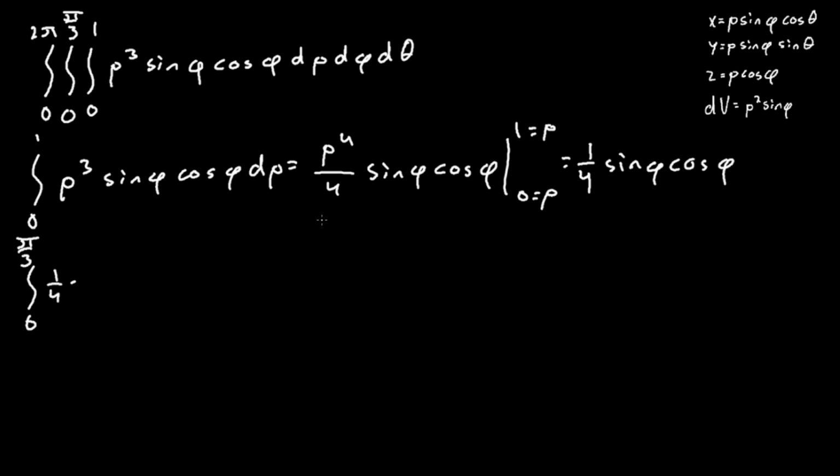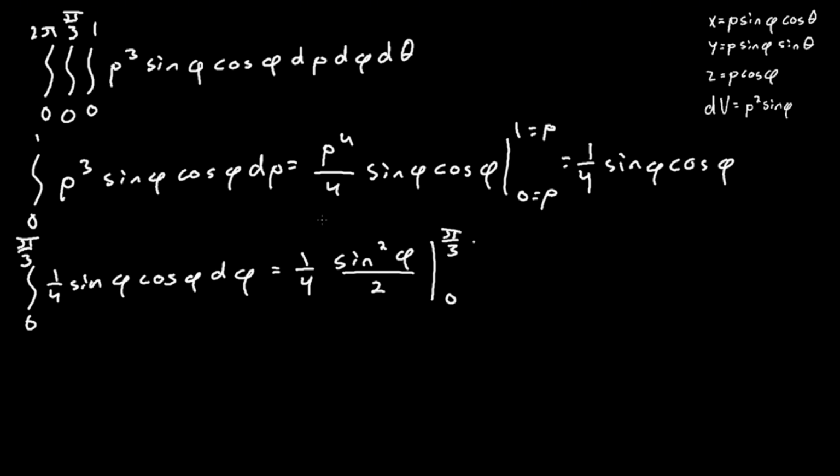So we have 1 over 4 sine of phi, as in our previous problem, cosine of phi, and we're integrating with respect to phi. This is just a u sub problem. I'm not going to worry too much about it, but it's just 1 over 4 sine squared of phi over 2, with bounds 0 and pi over 3.